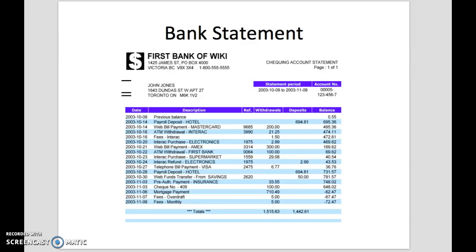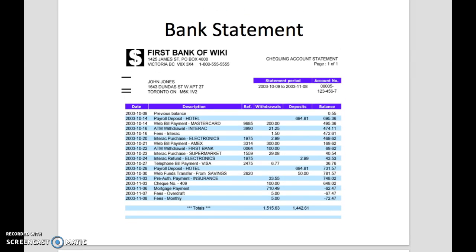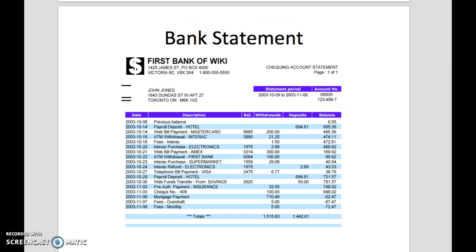But back in the day, they didn't have the internet, they didn't have real-time updating of bank statements. So in the olden days, what they do is the bank would have their own record of the transactions involving your bank account. And of course, you have your own record of your transactions at home.